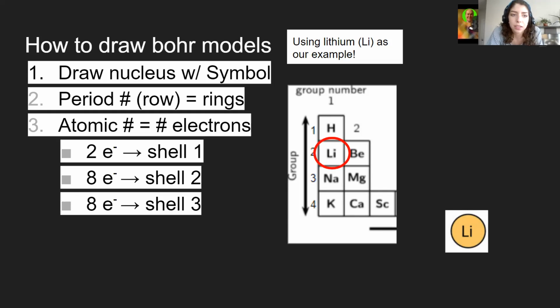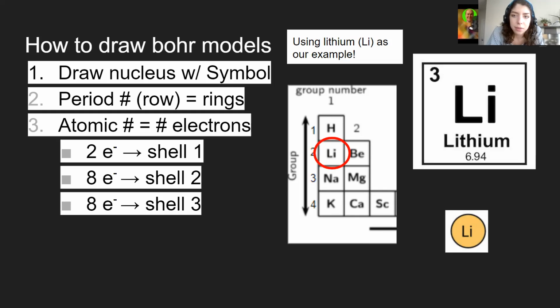The next thing I'm going to need to do is figure out the number of electrons. That's just the atomic number. Lithium's atomic number is the whole number on the top, so it's 3. There are 3 electrons, and there are 2 rings of electrons. Now I can't just willy-nilly put my electrons wherever. I have to remember the rule, which is a song that I'll sing for you.